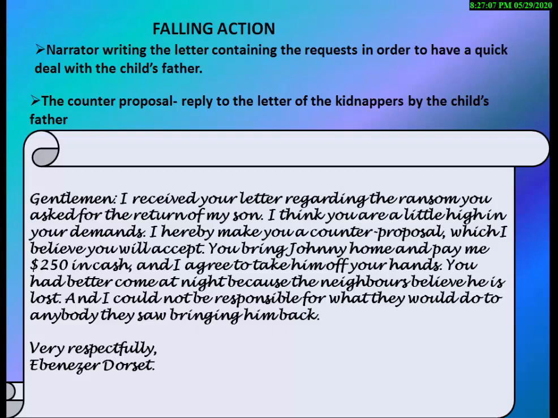So he says he is not responsible for this. It was a very good piece of advice that the father has given to these gentlemen.